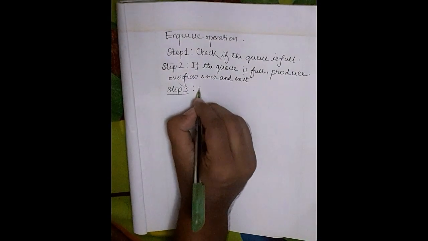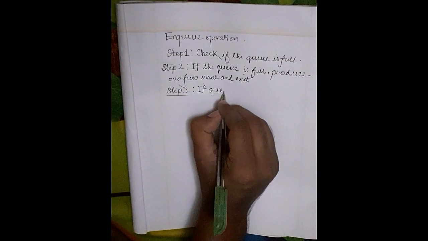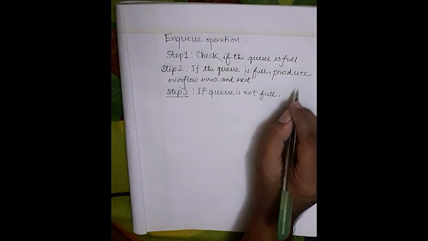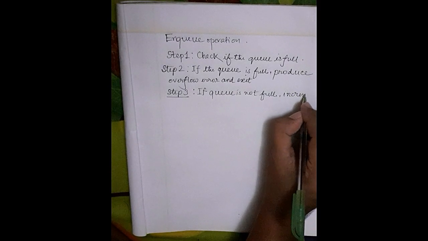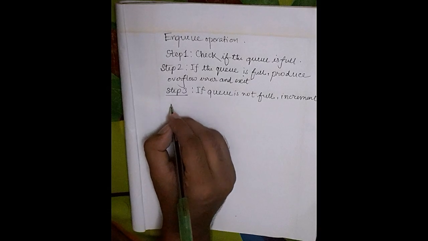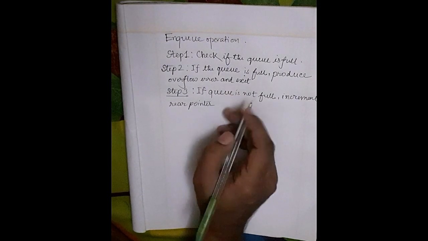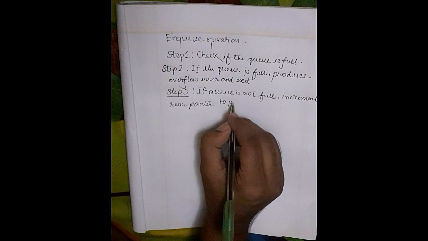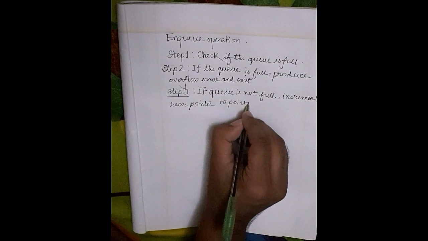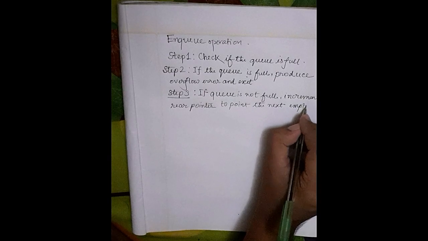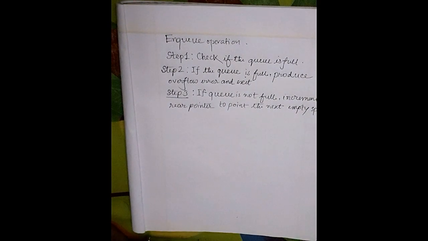In step 3, if the queue is not full, then we increment the rear pointer to point to the next empty space. This is our step 3.